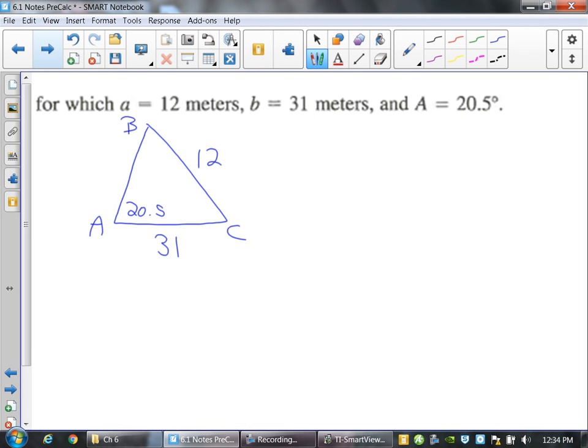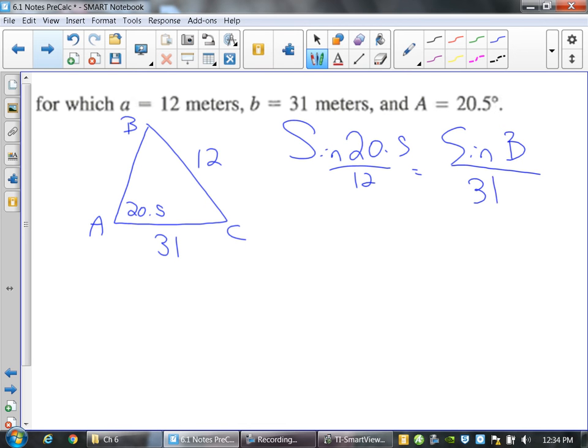I've got little a, little b, and angle A. It's forcing me to find angle B. I set up the law of sines to find angle B. Sine of 20.5 is to 12 as the sine of angle B is to 31.